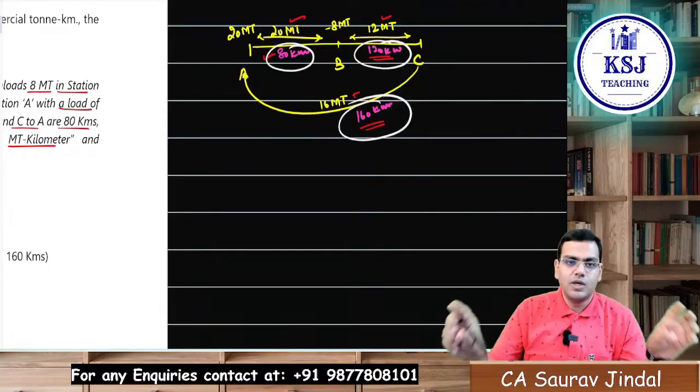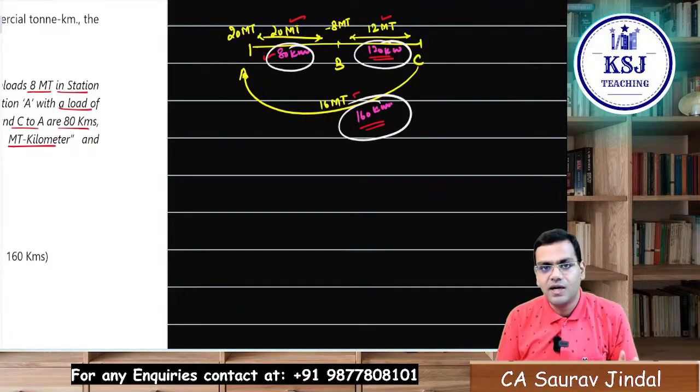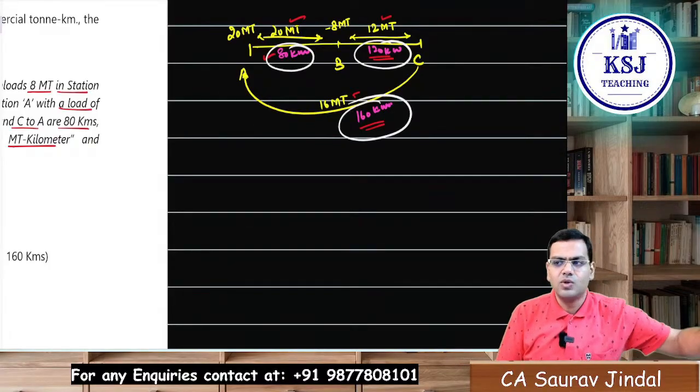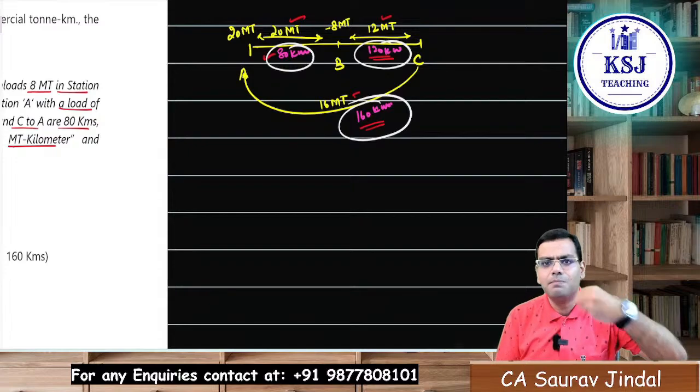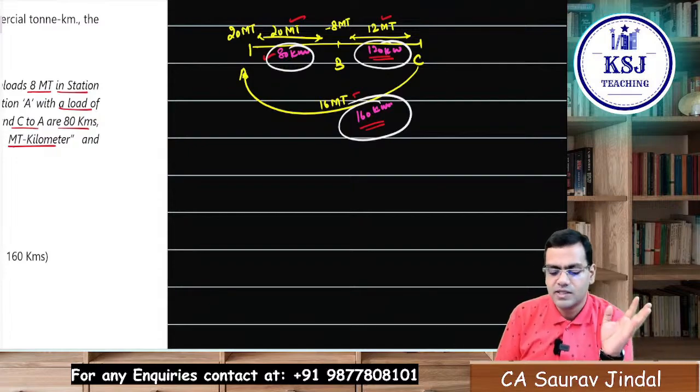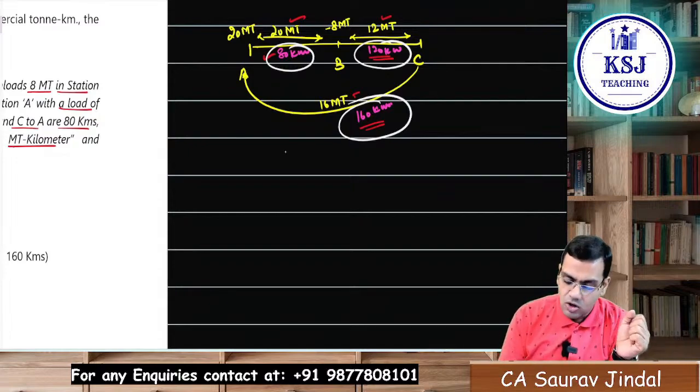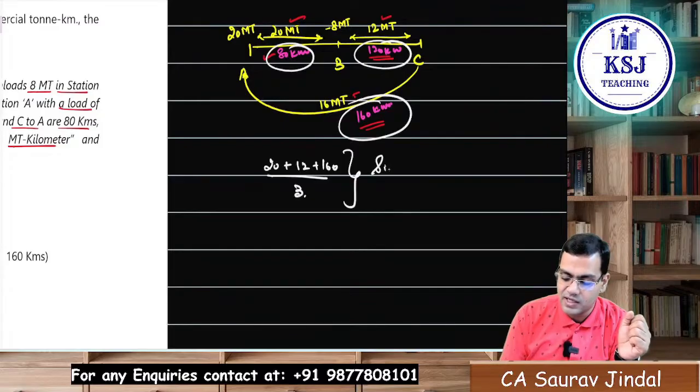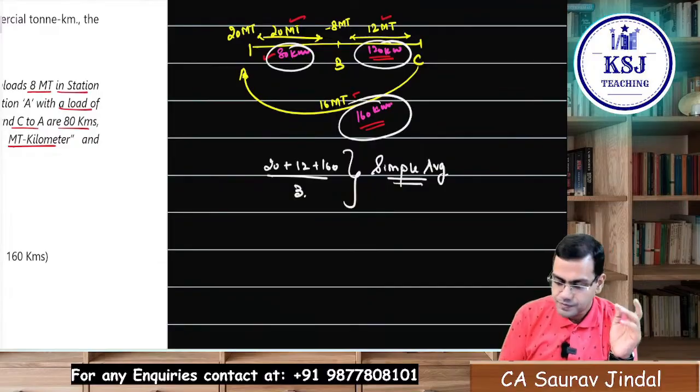Now over this total distance, we are not carrying the same weight, we are carrying different weights. So calculate the simple average: on some route we are carrying 20, then 12, then 16, so 48 divided by 3. That is the simple average, not the weighted average. What we have to do is the simple average, right?